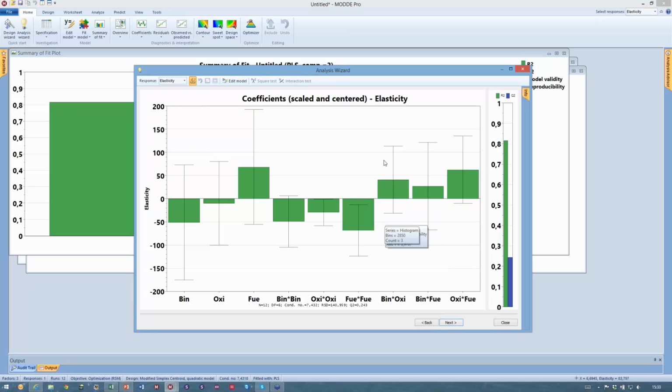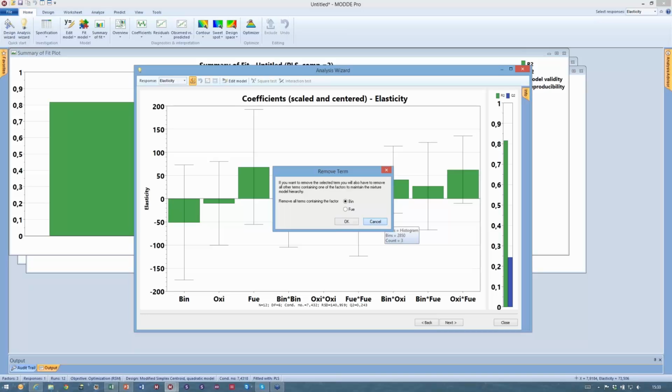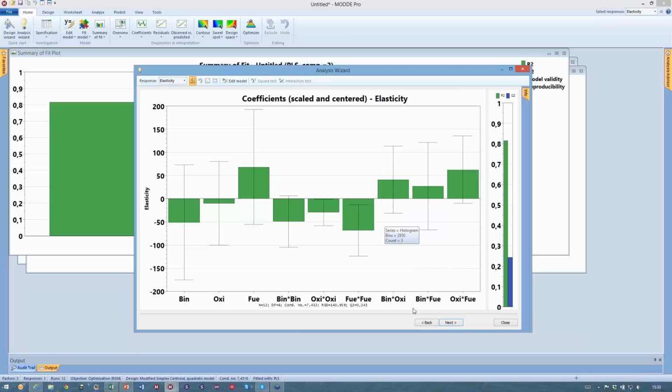You can't take away a certain term in isolation, and MODDE will always keep track of how the terms are linked to one another and issue different warnings depending on which term you're trying to remove. And for this reason, usually the model revision in mixture design is more difficult, and maybe also sometimes you would not even do that because of the complexity, the complex relationships among the terms in the regression model. And in this case, we are not going to do any model revision.